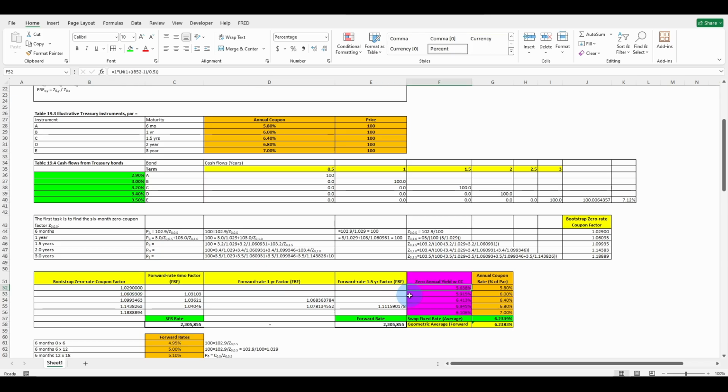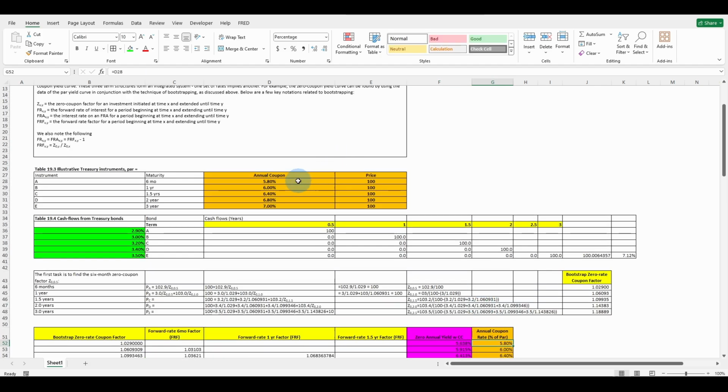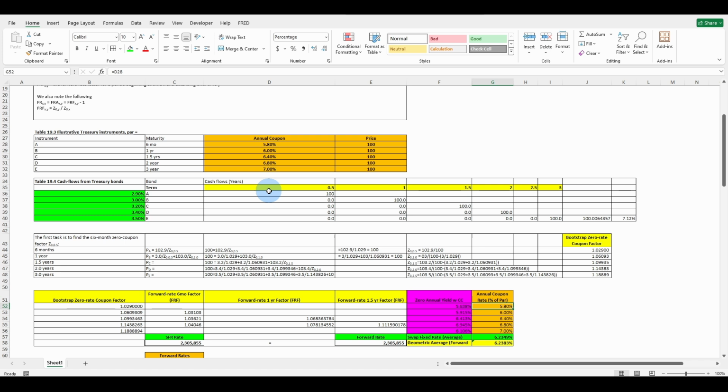Our zero annual yield with continuous compounding, we've used this in the past. So if you need to go way, way back to present value, future values for continuous compounding, do so. So we're going to have this 5638 number, and then we're going to just use this information here for the annual coupon. Our swap fixed rate average is going to be right here.